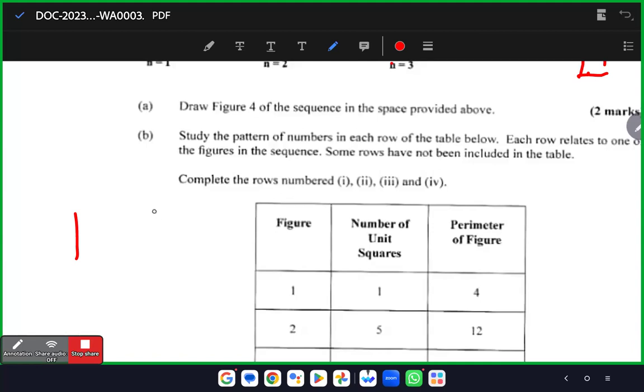For the number of squares, we have first 1, then 5, then 9. We have to remember that the general formula for the arithmetic progression is A plus open bracket n minus 1 times d.